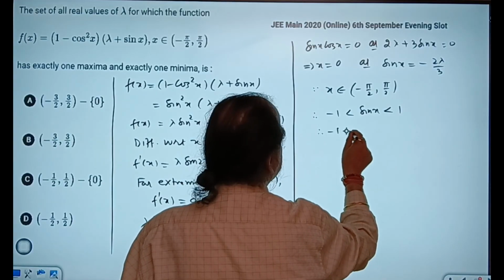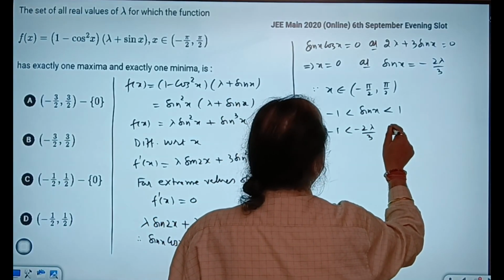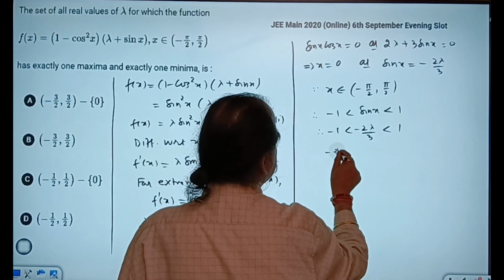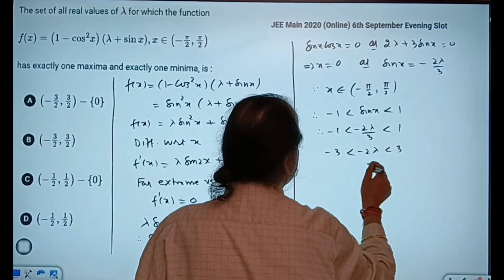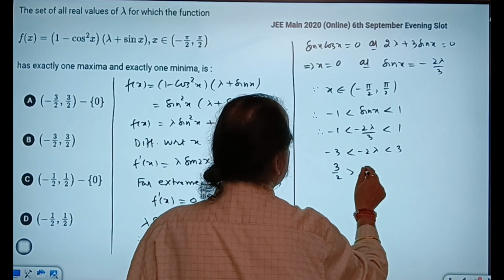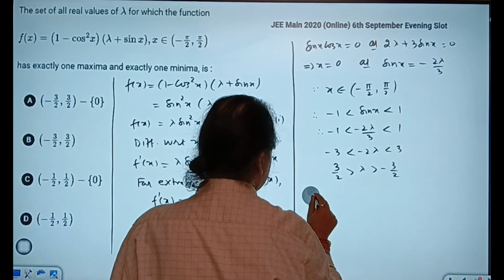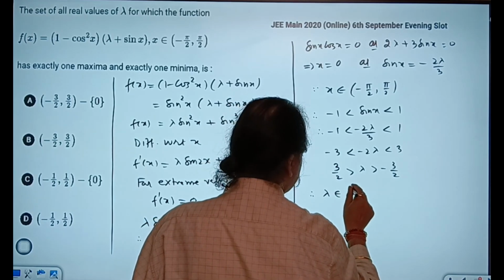So minus 1 less than minus 2 lambda by 3 less than 1, so 3 by 2 greater than lambda greater than minus 3 by 2. So lambda belongs to (minus 3 by 2, 3 by 2).